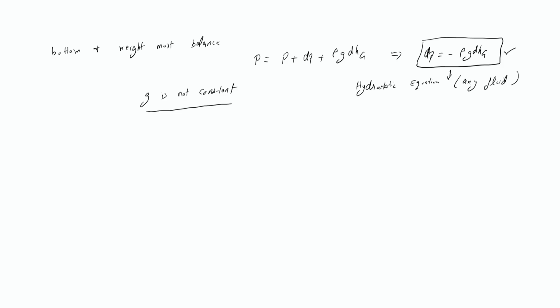Alright, but to make things simpler, we'll assume G is equals to G naught. We'll come to the reason as well why we are taking this assumption. As of now, assume G equals to G naught, that is at sea level. Okay, so now this equation will become dP equals to minus rho G naught, we write here dH.